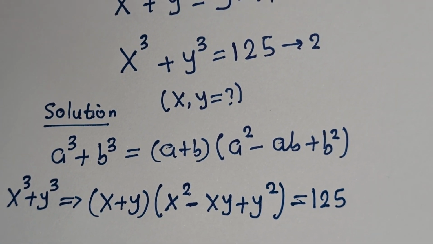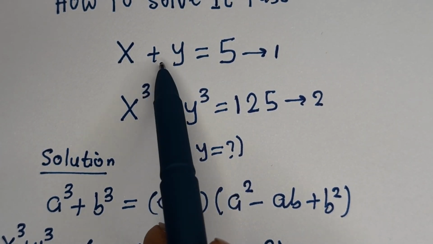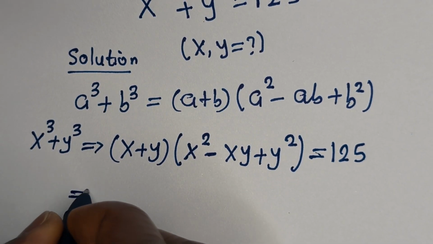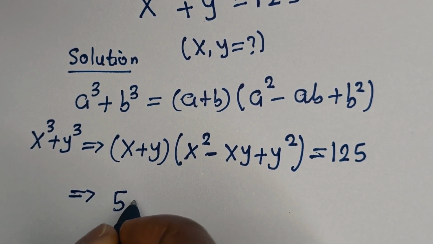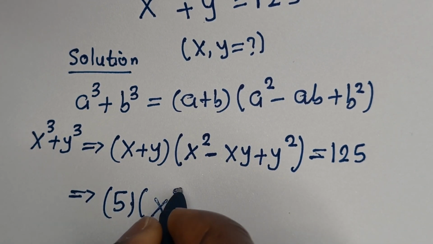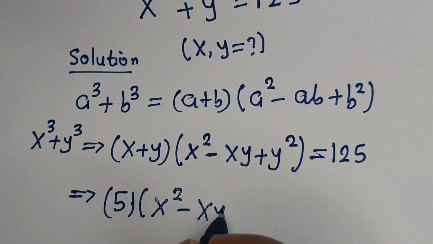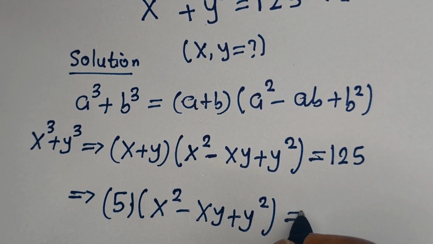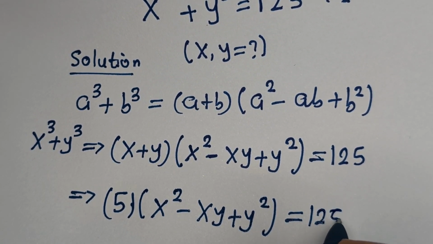But from equation 1, x plus y is equal to 5. This is 5 multiplied by (x square minus xy plus y square), which is equal to 125.